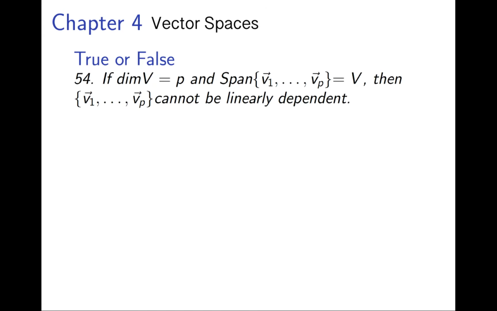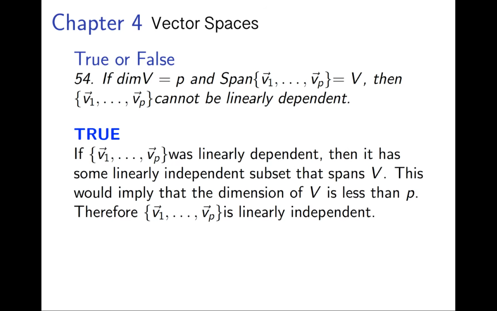Number 54. If the dimension of V equals P, and the span of V1 through Vp is equal to V, then the set V1 through Vp cannot be linearly dependent. This is true, and the reason is, if V1 through Vp was linearly dependent, then it has some linearly independent subset that spans V. This would imply that the dimension of V is less than P, right?